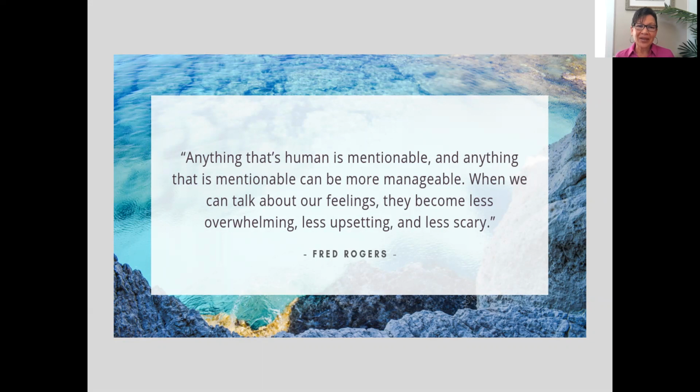He said that anything that is human is mentionable, and anything that is mentionable can be more manageable. When we can talk about our feelings, they become less overwhelming, less upsetting, and less scary.